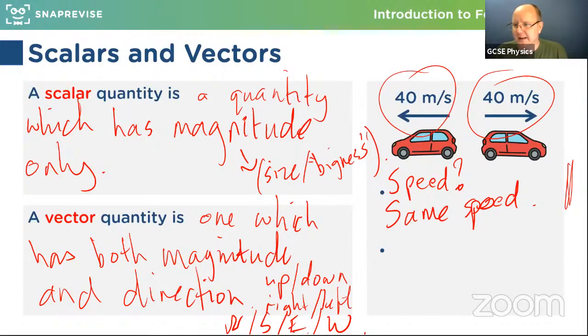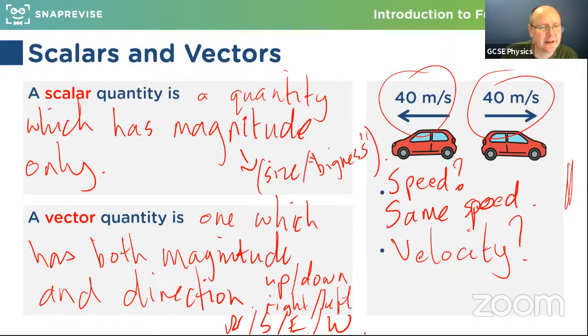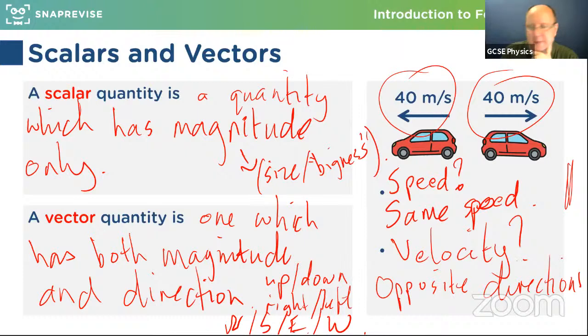Okay. And then, yeah, so the speed's the same, but the velocity is different. Okay, so they have opposite directions. So the velocities differ. Okay, different velocities because of different directions.